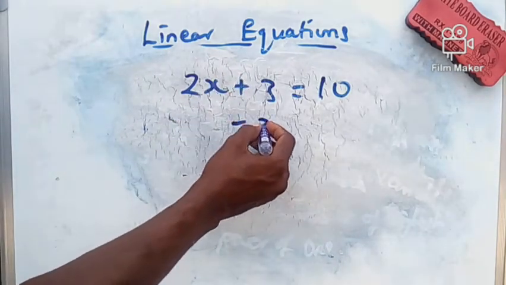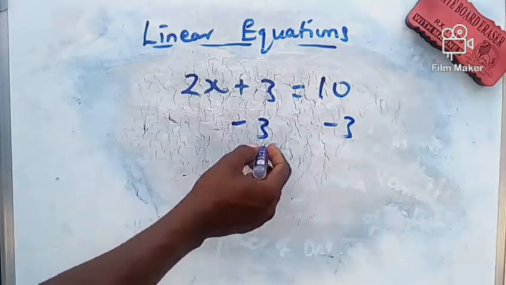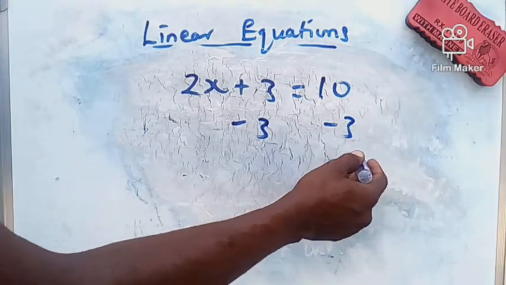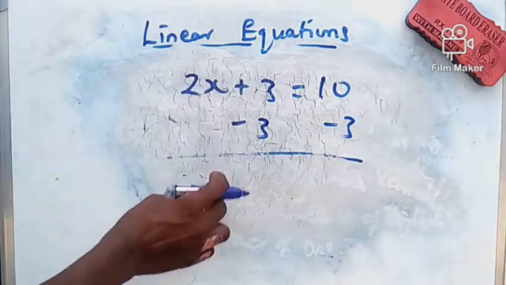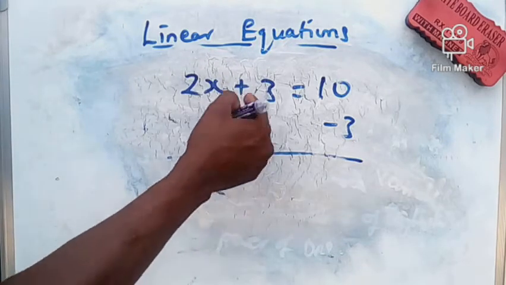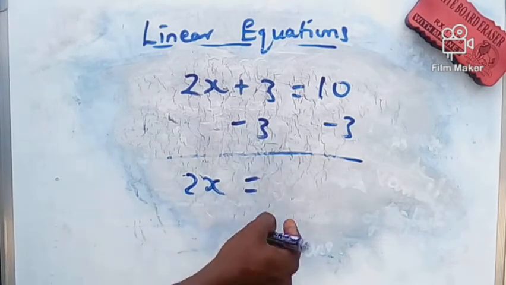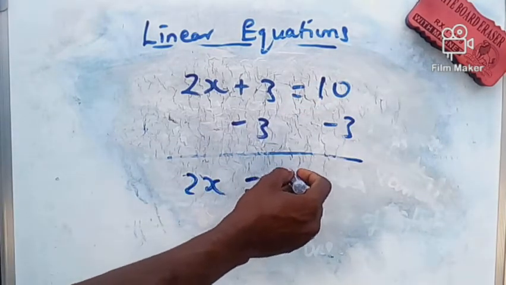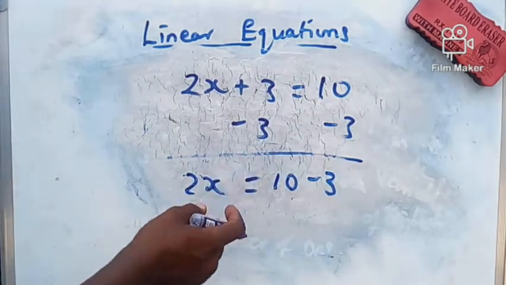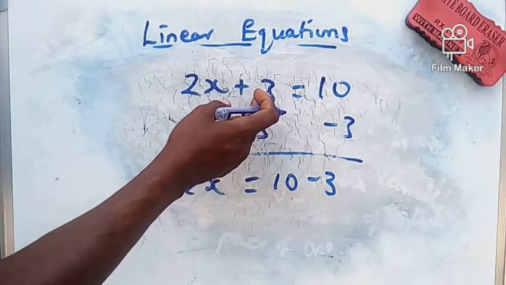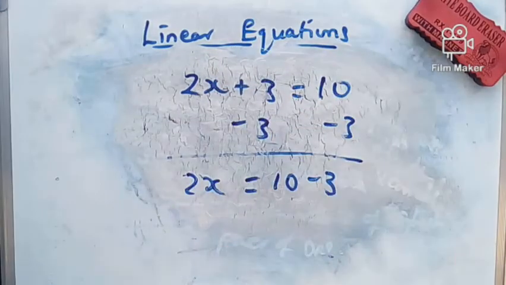So I will have minus 3 here and minus 3 here. So that when I evaluate, I will have it that 2x, I will bring it down, plus 3 minus 3 will give me what? 0. My equality sign comes down. Then what I'll have there is 10 minus 3. So I've taken 3 out of this place and put him to the other side.